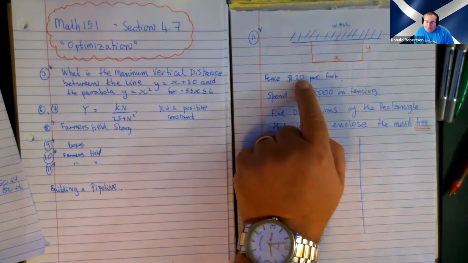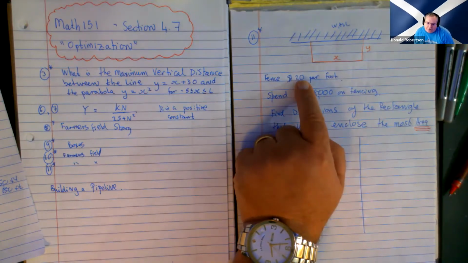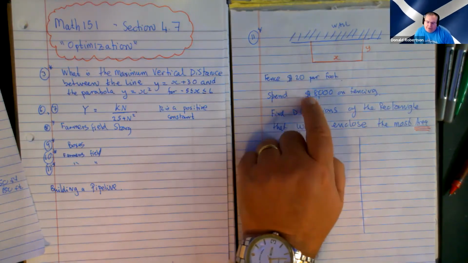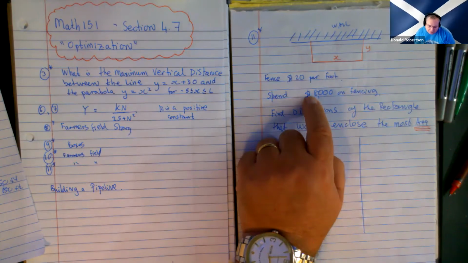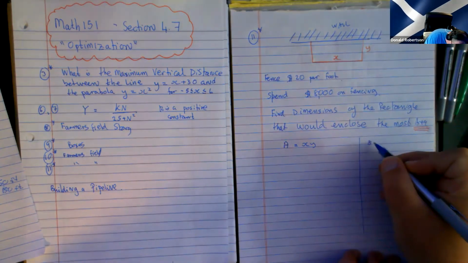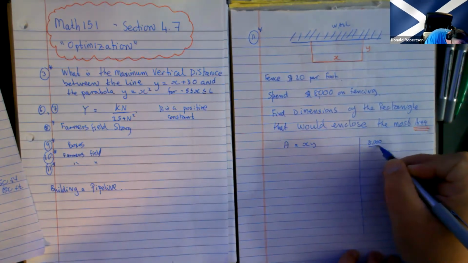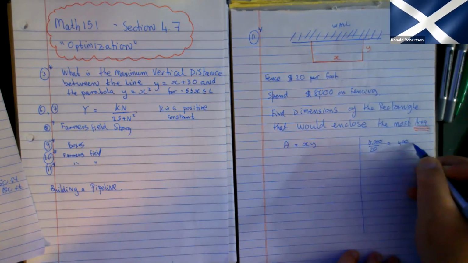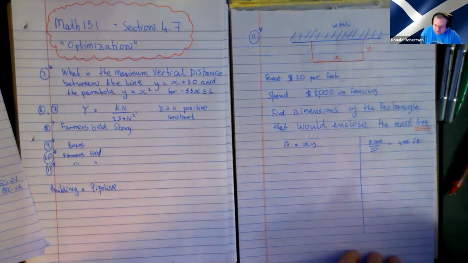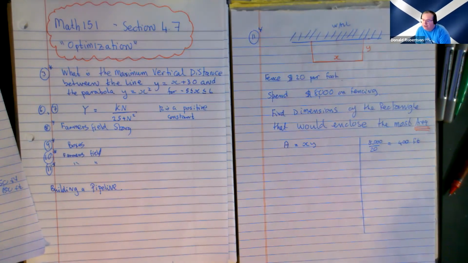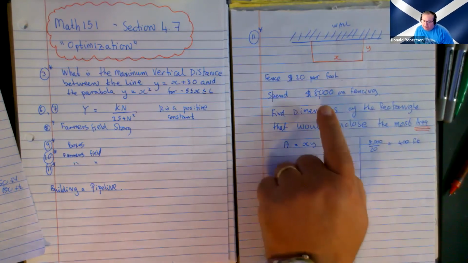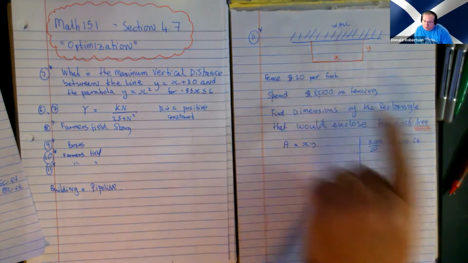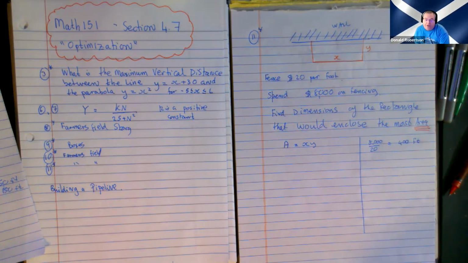Well, what do I know? I know that the fencing costs $20 a foot and there's $8,000 to spend on fencing. So if you take $8,000 and you divide it by $20 per foot, isn't that just a disguised way of telling me you get 400 feet of fencing to work with? Right? $8,000, $20 a foot, 400 feet, I should say.